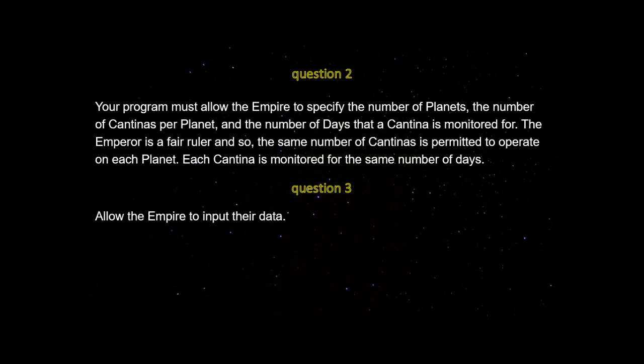Right. Anyway, your program must allow the empire to specify the number of planets, the number of cantinas per planet, and the number of days that a cantina is monitored for. Question 2. In case you didn't get it right in question 1, for how many dimensions there are, you could have seen it from the question.